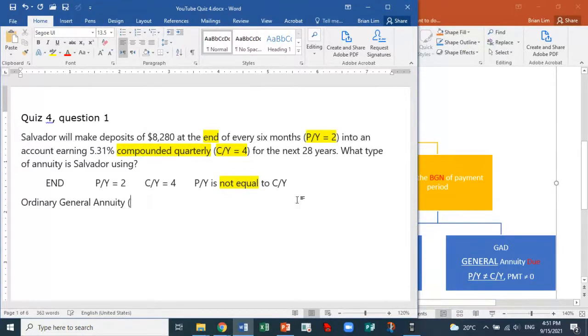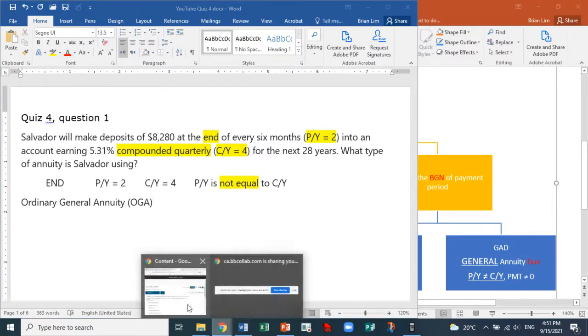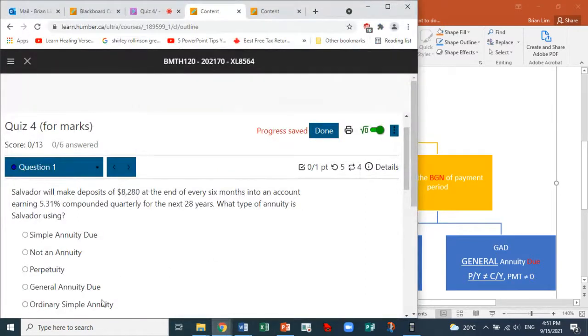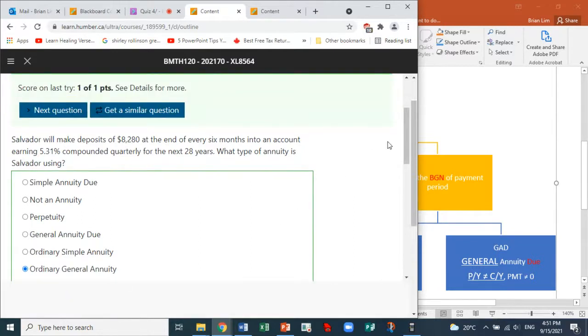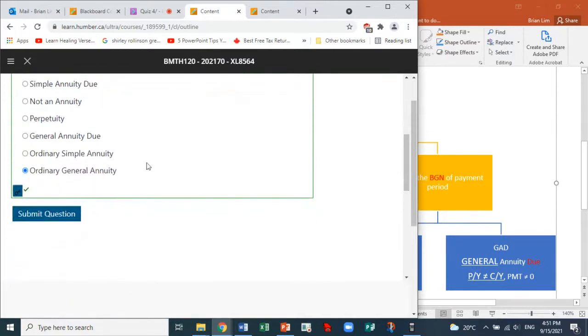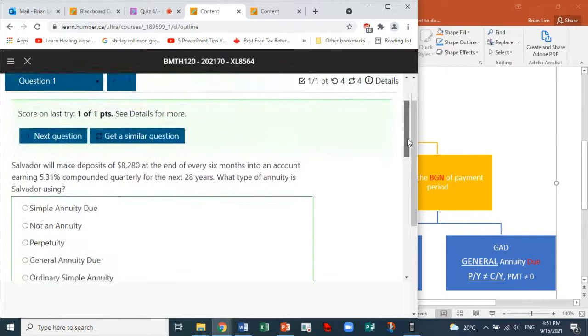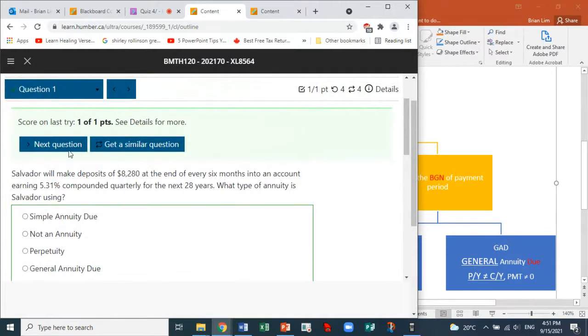Now, I like to just use the acronyms OGA, Ordinary General Annuity. So let's get back to the question. So we will select which one? We'll select Ordinary General Annuity and we submit, and the answer hopefully is correct. All right, so that is question number 1.